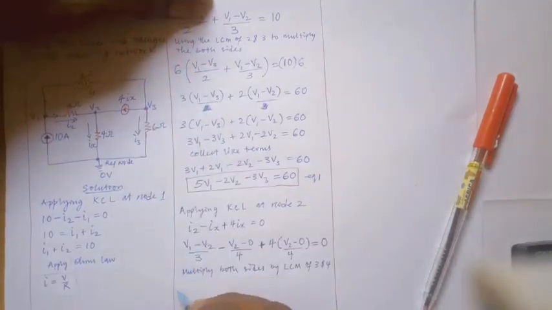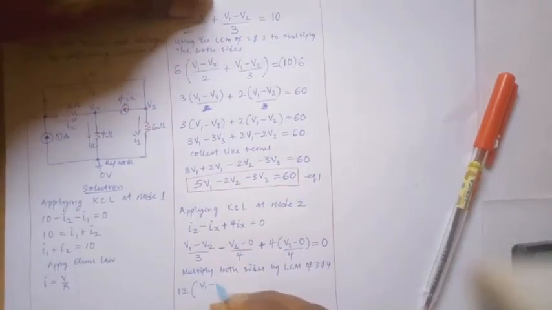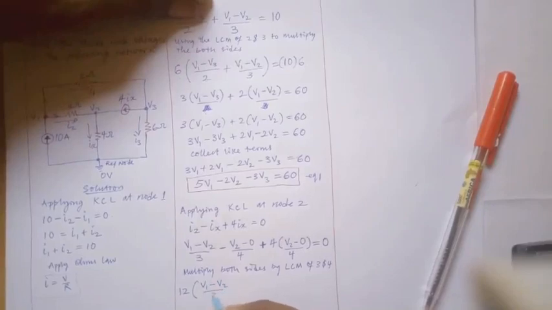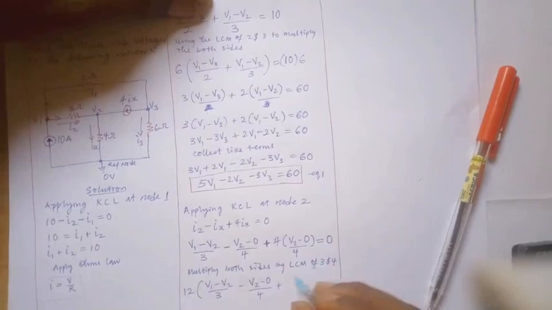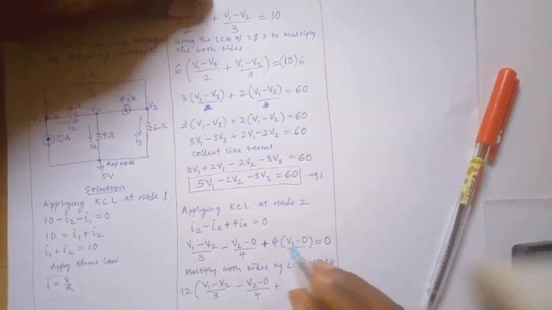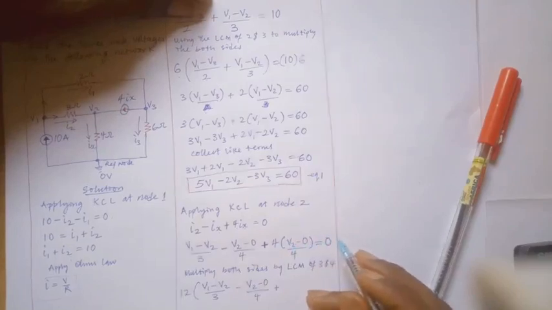We now say the same way we did this. It will now be 12 V1 minus V2 over 3 minus V2 minus 0 over 4 plus another term 4. Should we write it like this? 4 into bracket V2 minus 0.